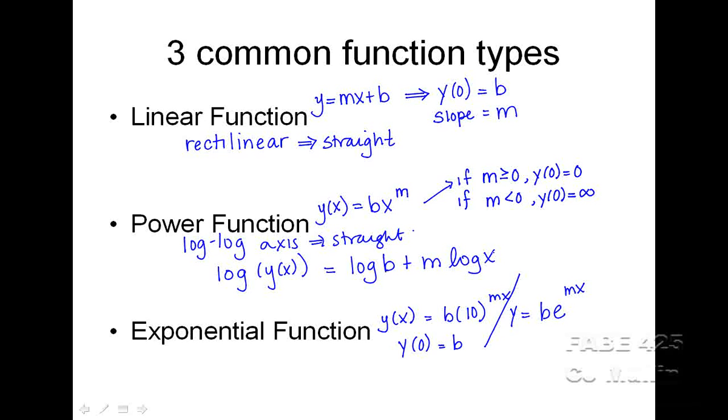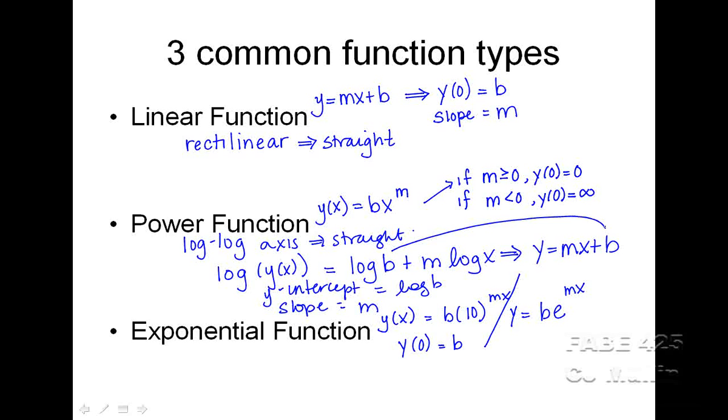So we know the y-intercept is equal to log of b, and the slope is equal to m. Comparing this back to our y equals mx plus b form, you can see the same relationships: log of b corresponds to the b term, the m still corresponds to the slope, and your x term is actually plotted against a log.